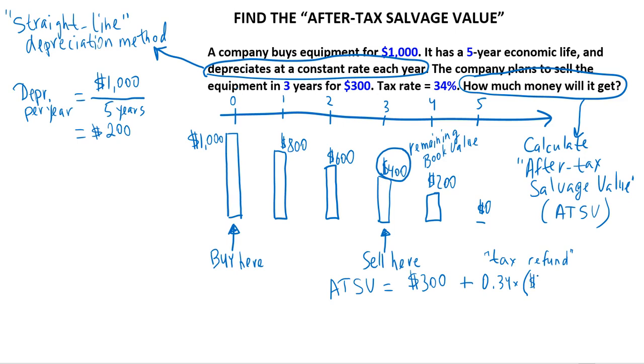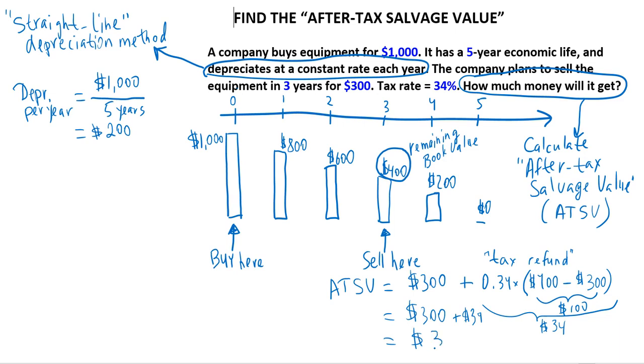So 400 minus 300. Okay, so this gives us $100, and the whole tax refund is going to be $34. So we put 300 plus 34, which gives us $334. And this is the answer.